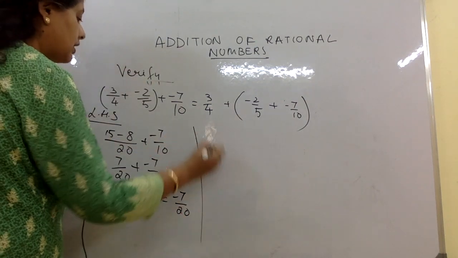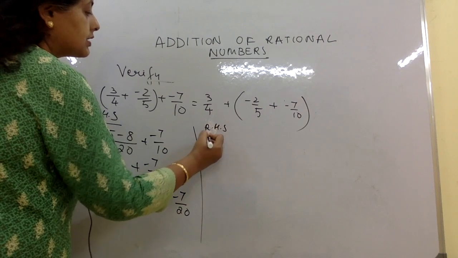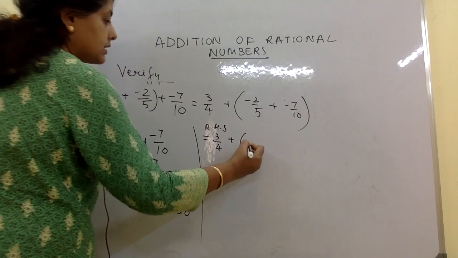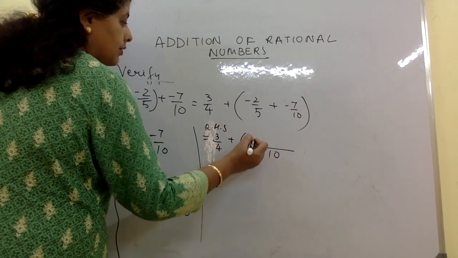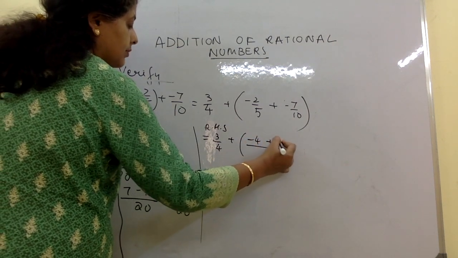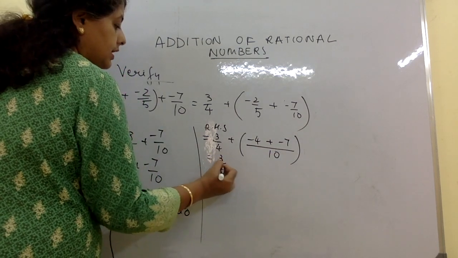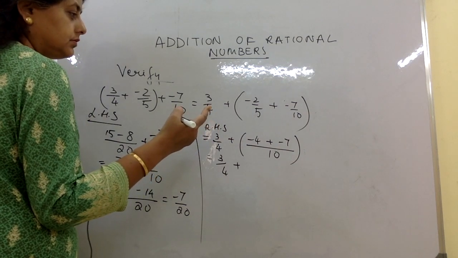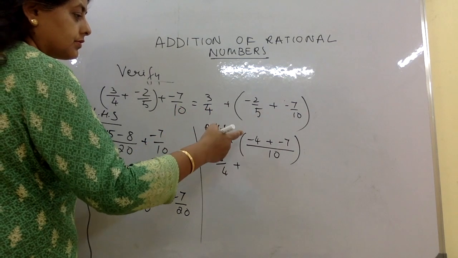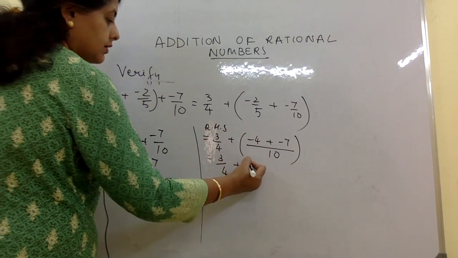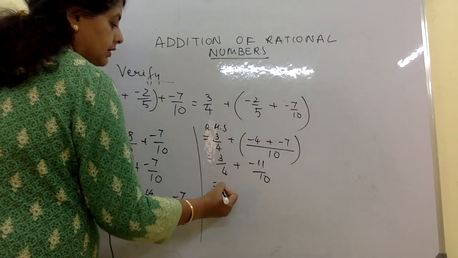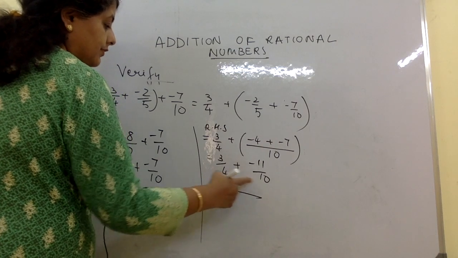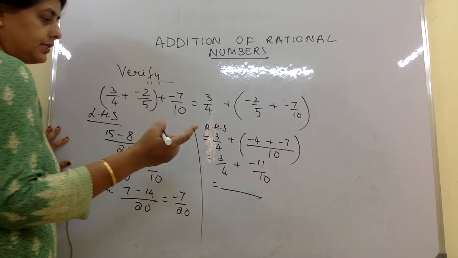Let me go to the RHS. RHS, right hand side, is copy the 3 by 4 plus, here make the 10 minus 4 plus minus 7. 3 by 4 plus this is how much? Minus 11 by 10. This is how much? 4 and 10.